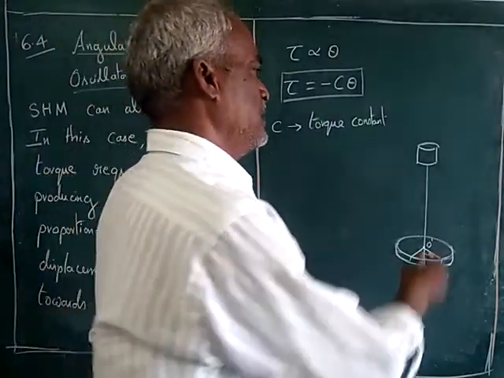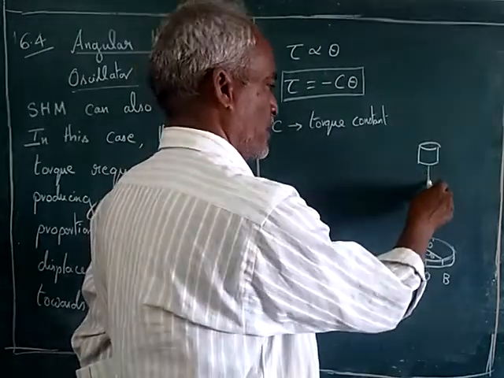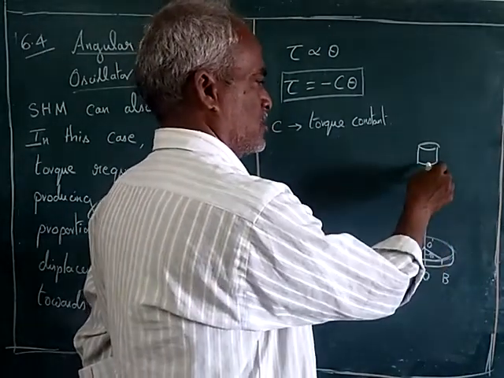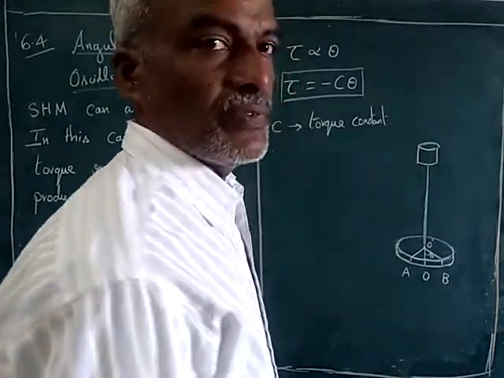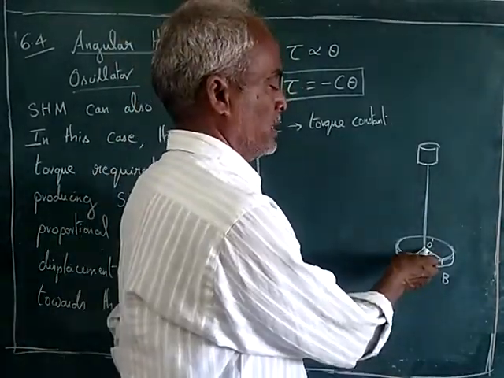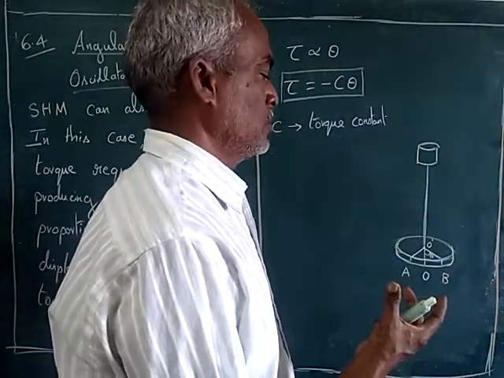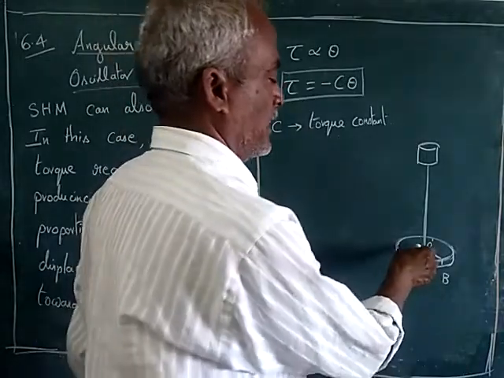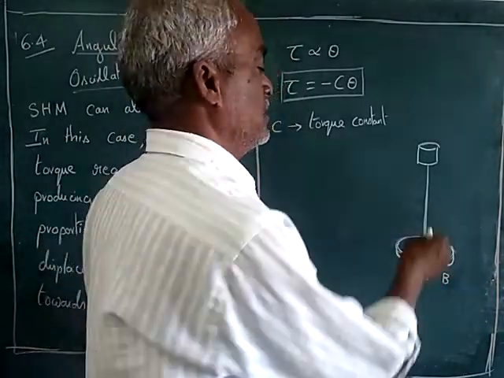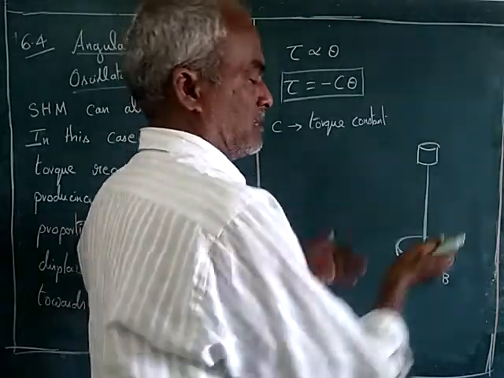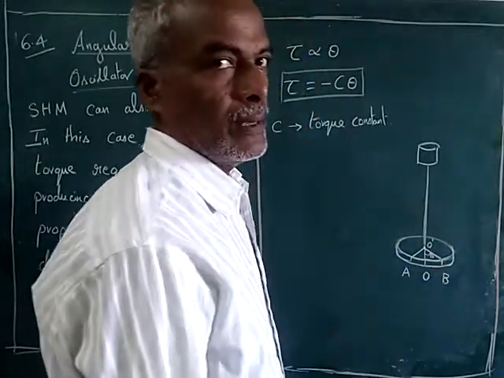Now consider a rigid support and a string. This is the top end of the string, where it is fixed firmly, and this is the bottom end of the string, where you have a load. This is the center part of the load. The string is turned through an angle theta.